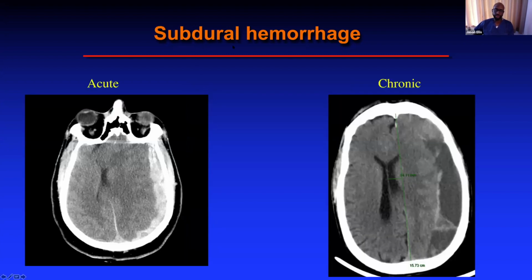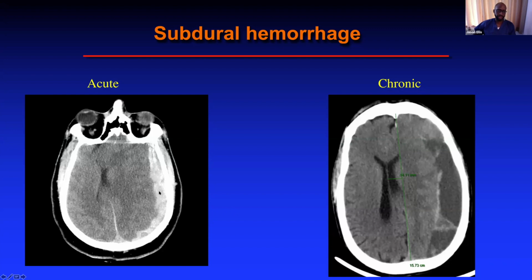Subdural hematoma, on the other hand, has a different appearance. You can see that the subdural hemorrhage is really following the brain surface. Okay, so this is not the convex shape of the epidural hematoma, but it is essentially concave, just kind of following the contours of the brain itself.